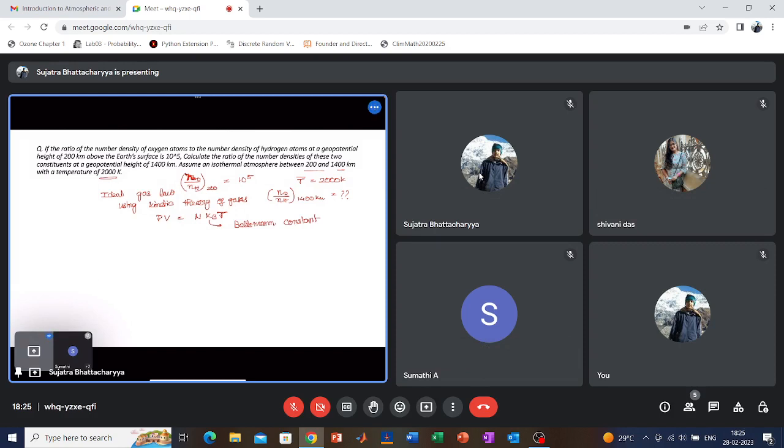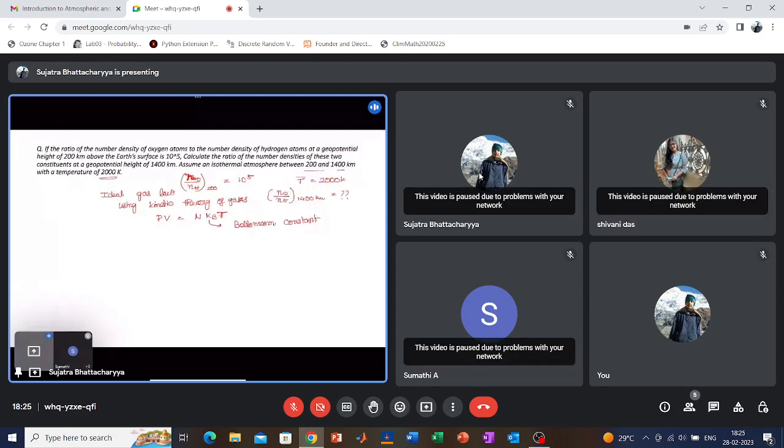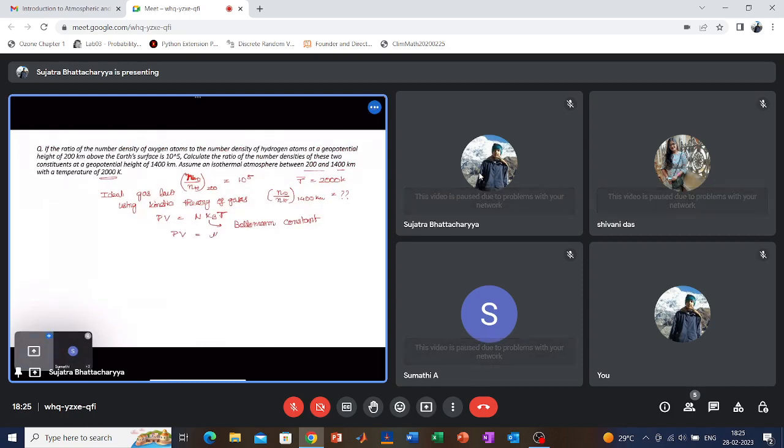Now what we have seen is PV is equal to mu R star T. This mu can be written as N by Na, because of the definition of moles, into R star into T. So P is equal to N by V into R star by Na into T. Now this R star, as per the kinetic theory of gases, can be written as Na into kB.